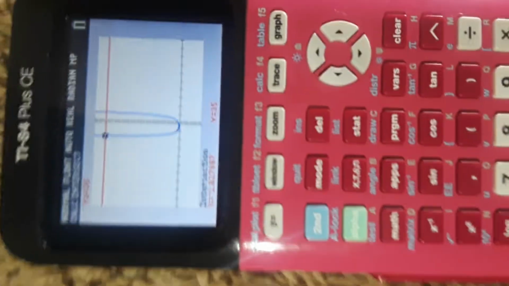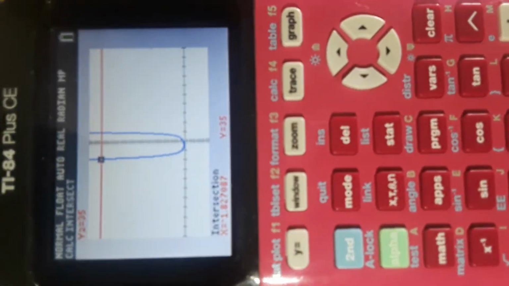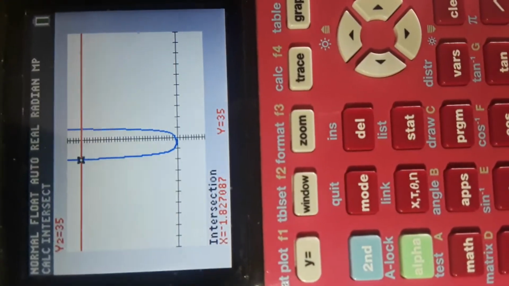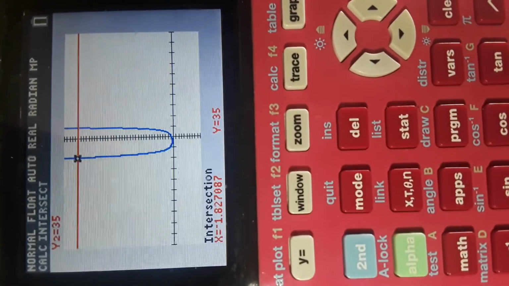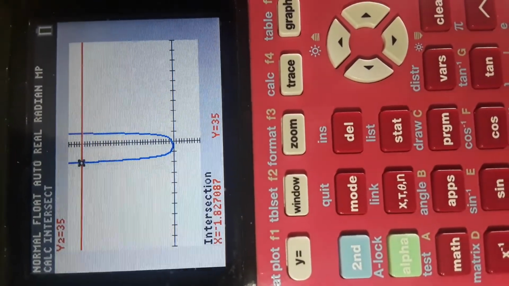And we see the other solution for x is negative 1.827087.